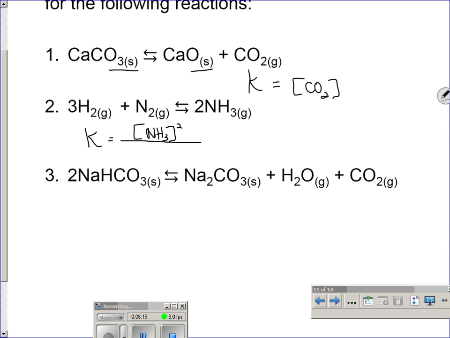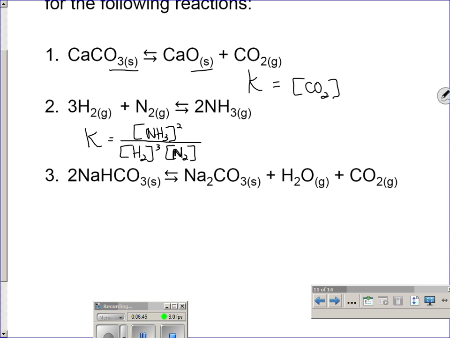So the concentration of the products raised to the power of their coefficient divided by the product of the concentration of the reactants raised to the power of their coefficient. So products on top, reactants on bottom. On the bottom, we're going to have the reactant hydrogen cubed times the concentration of nitrogen, and its coefficient is 1.